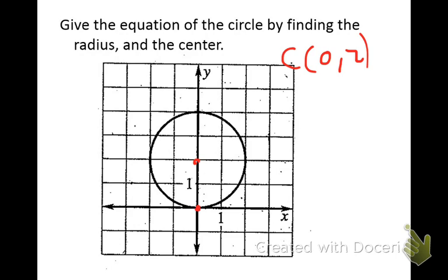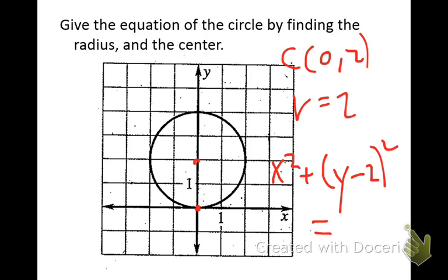2. Radius is 2. So we plug into our formula x, and then it's x minus 0, so we just say x squared plus y minus what? Y minus 2 squared is equal to the radius squared, which is 2 squared, but we are never going to write it that way.